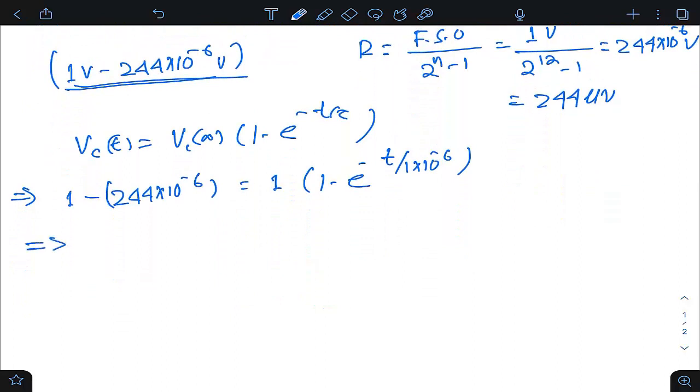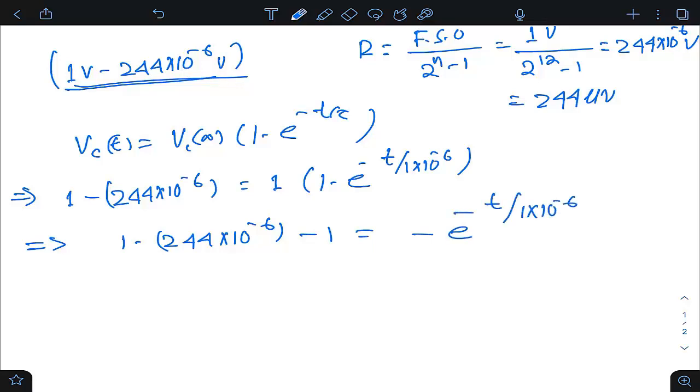So this implies 1 minus 244 into 10 raised to power minus 6 is equal to 1 minus e raised to power minus t by 1 into 10 raised to power minus 6. I take this one to this side and simplify. If you multiply by minus 1, this will be plus and this is minus.